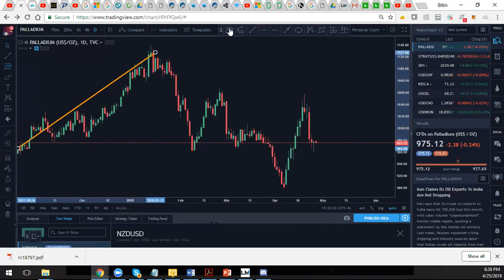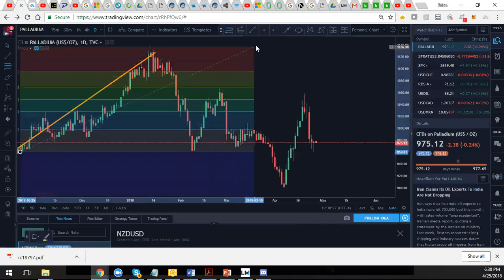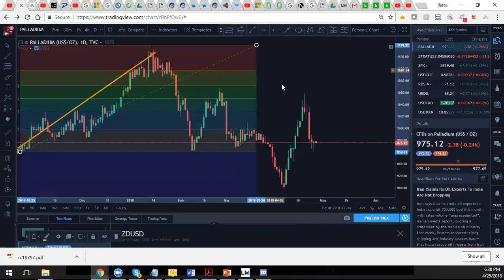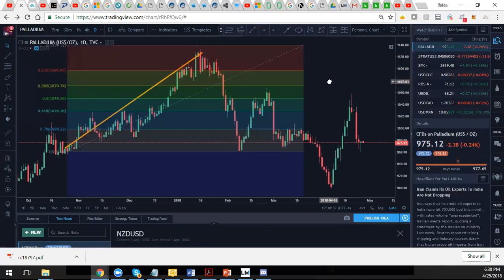You have your swing high, but look at this. When you bring out your Fibonacci retracement tool, price goes up. But here's our golden ratio, this is the golden area, and price just drops all the way after that. So this is not valid.